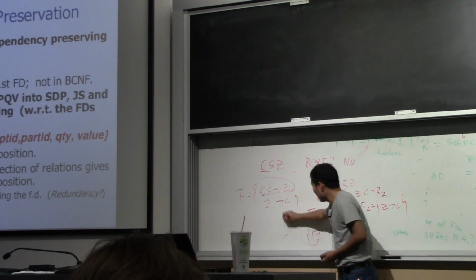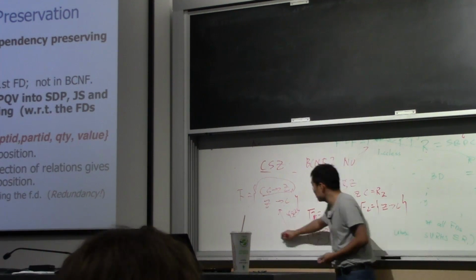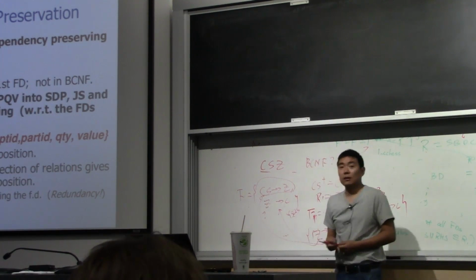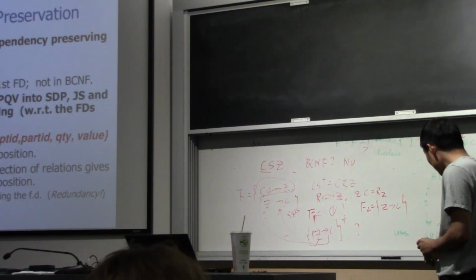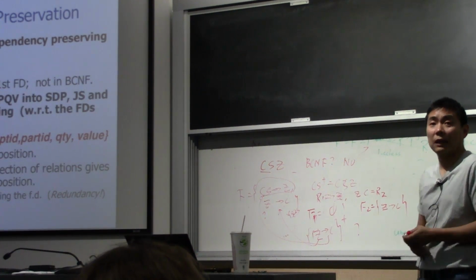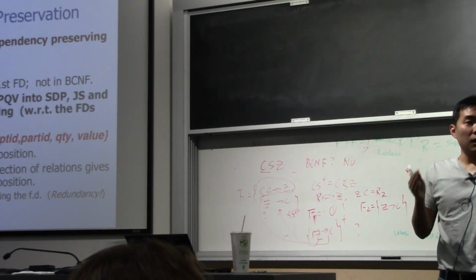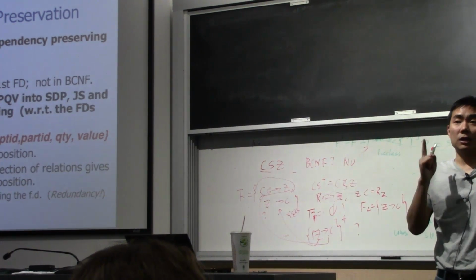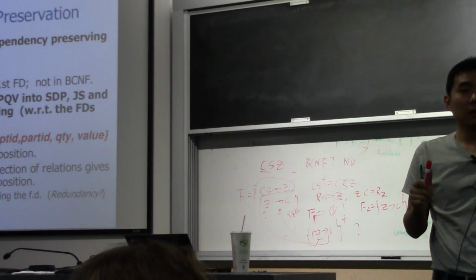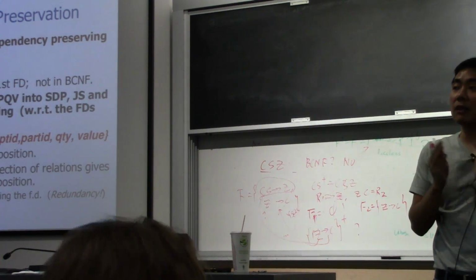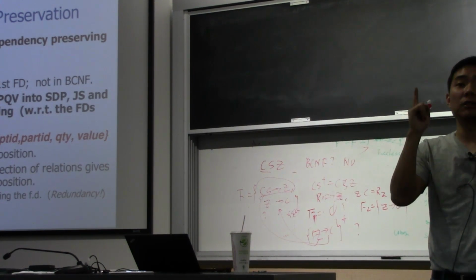D determines C can derive this, yes. So the question really boils down to, can D determines C derive the original dependency? No matter how you do it, I'm pretty sure it doesn't give you that. So this is a lossless join decomposition, but not dependency preserving. This example demonstrates that decomposing into BCNF that is lossless join and dependency preserving is not always possible.